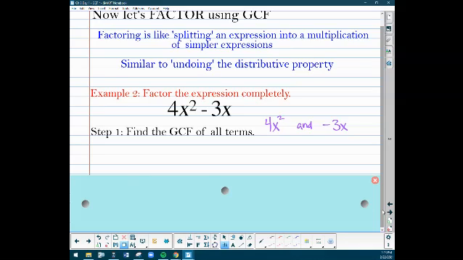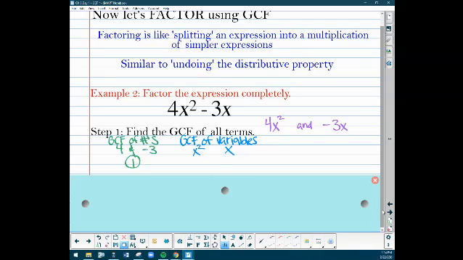Okay, so remember one thing is GCF of numbers. So the numbers is 4 and negative 3. We think of factors. What number goes into 4 and also goes into negative 3? Well, there isn't anything other than 1, right? 4 times 1 and negative 3 times 1. Then I want to look at the GCF of variables. So my variables are x squared and x.